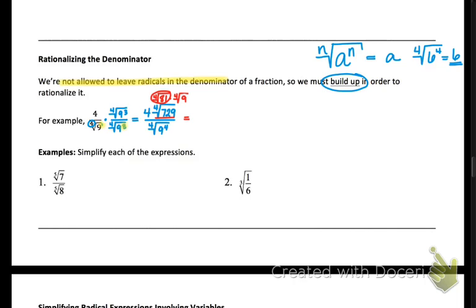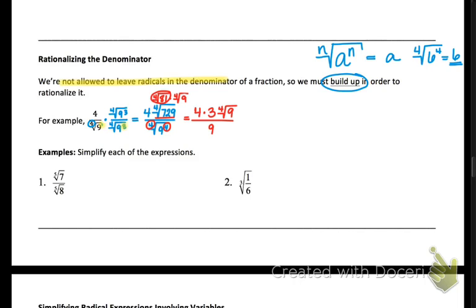So here's what I have in my numerator now. 4 times, I'm going to get 3 from the fourth root of 81, and then I still have that fourth root of 9. And down here in the denominator, because this is the fourth root of 9 to the fourth, we just get 9.